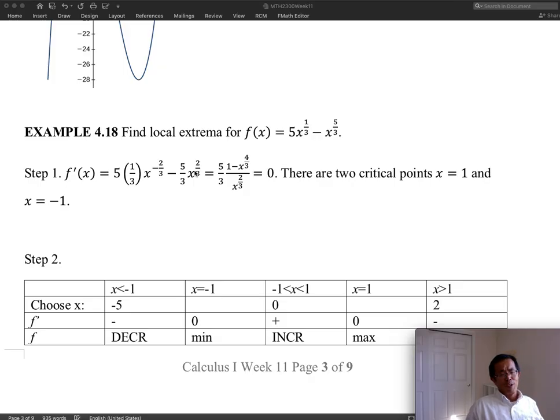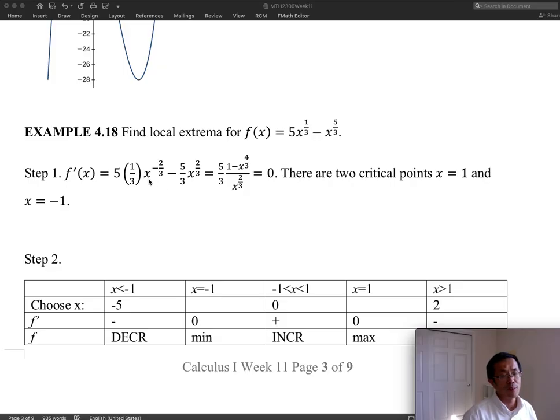And then, the goal is to find the critical points. So I'm simply setting the derivative equal to 0. Because of the negative power, it might be a little harder to consider directly. Negative power simply means x to the 2/3 in the denominator. I also try to combine those 2 like terms.